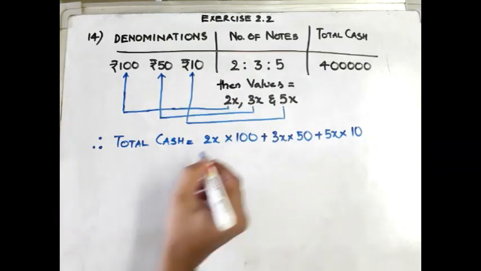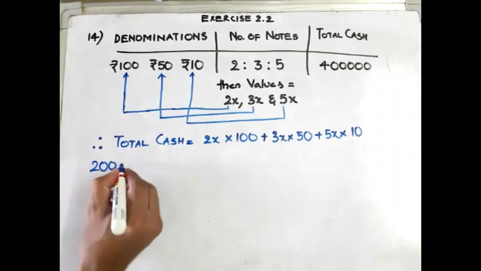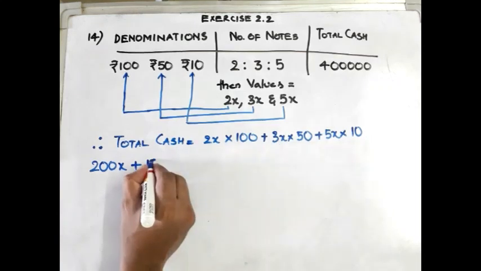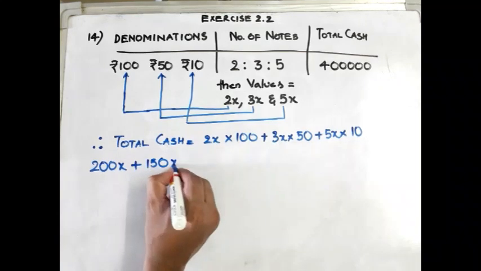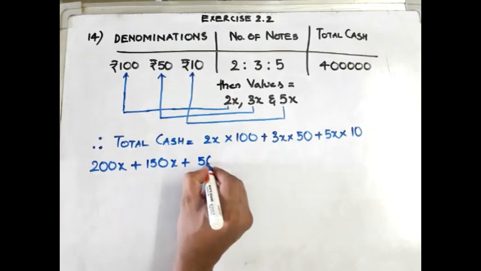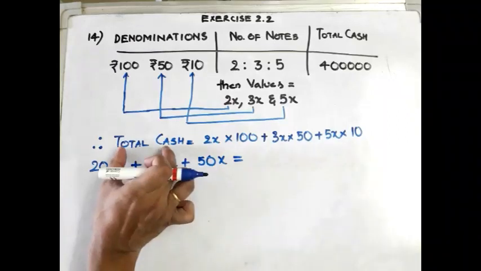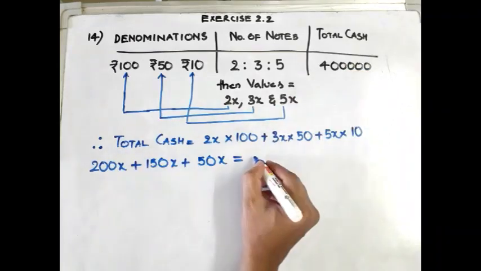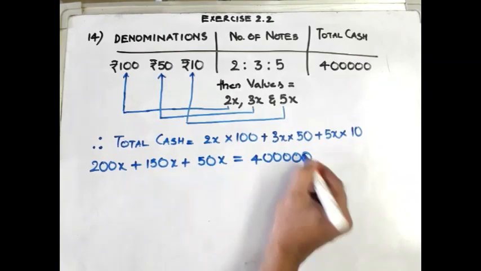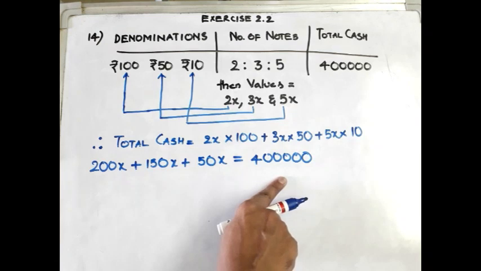So how can we express this? 2x into 100, 200x, plus 3x into 50, 150x, plus 5x into 10, 50x is equal to, we already have the total cash as 4 lakh.